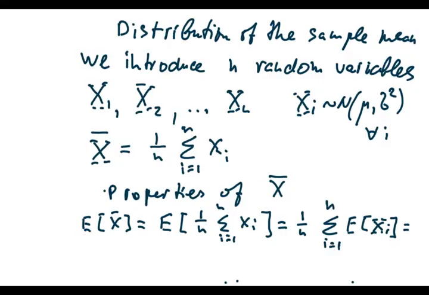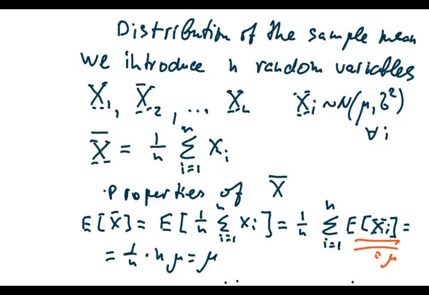Now, since all xi's have normal distribution with expected value mu, all of this equals mu, and thus we have 1 over n times n mu equals mu.